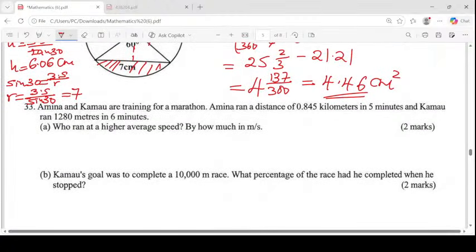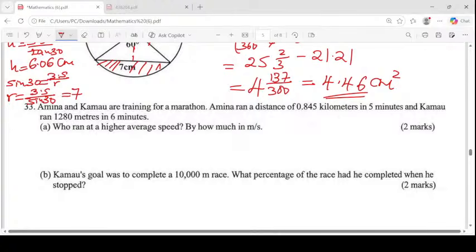Just a moment, let me, yes. Then part A of the question: who ran at a higher speed and by how much in meters per second?